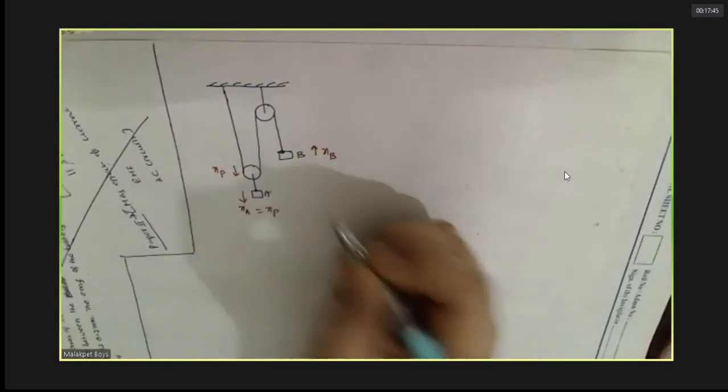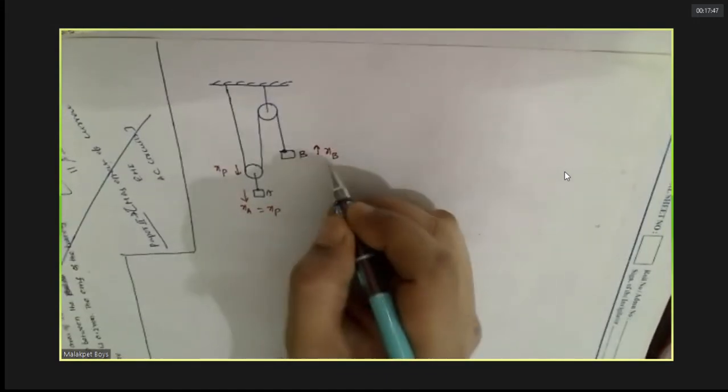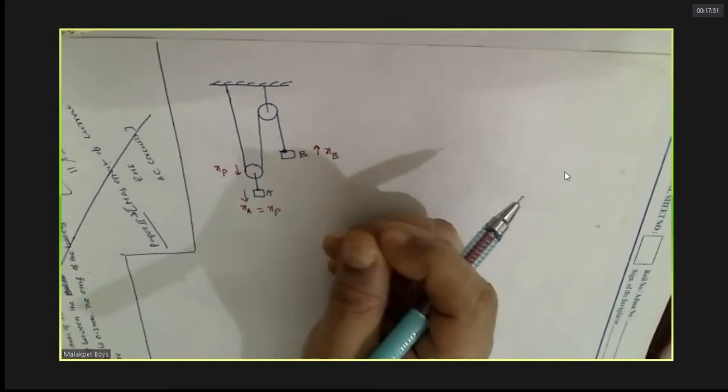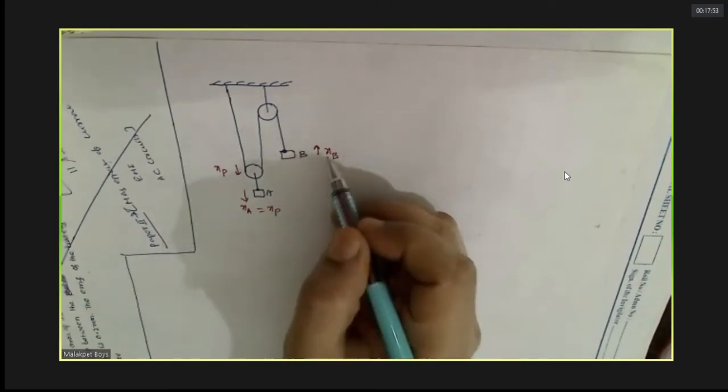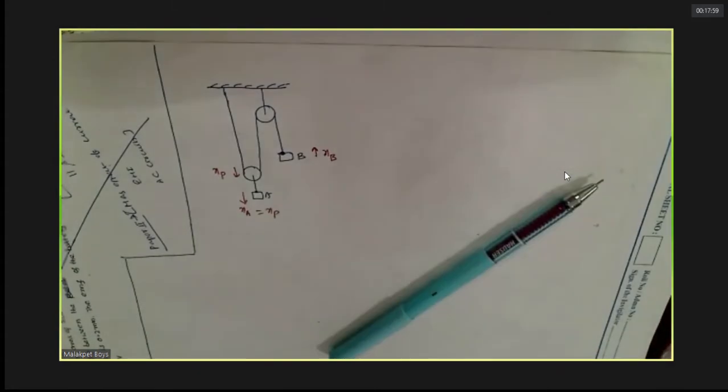Wherever, see, there is no rule that you exactly should take a particular direction. Anyway, you can assume. Suppose after solving you get negative, that means it is opposite to your assumption. So don't think these are fixed. You will take the directions as you like, your wish.